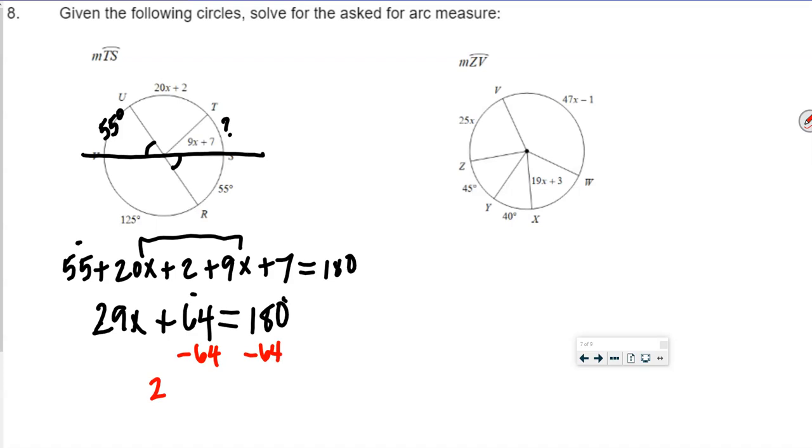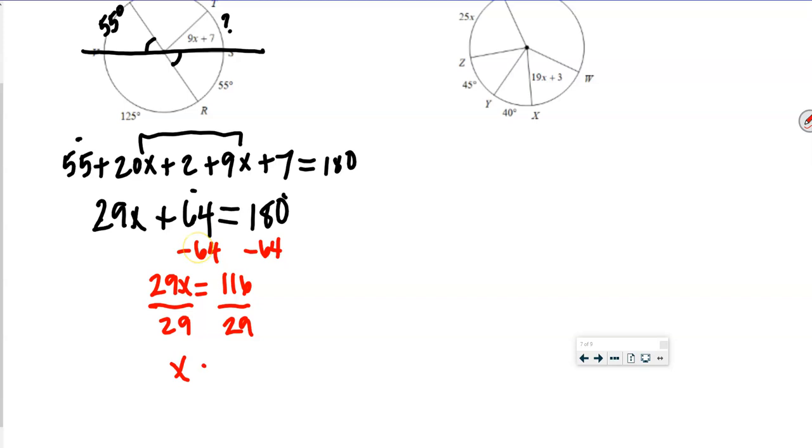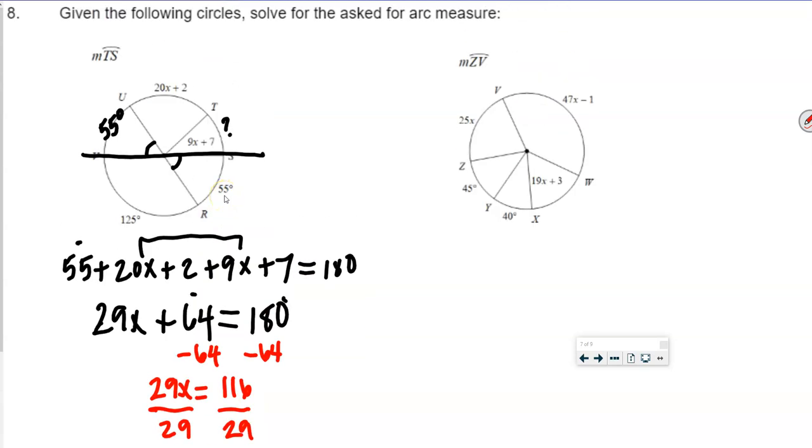So that's going to be 29x equals 116. Divide both sides by my 29. So what is x going to be equal to here? X is equal to 4. So once again, we're going to plug it up there. 9 times 4 is 36, plus 7 is 43 degrees, okay?